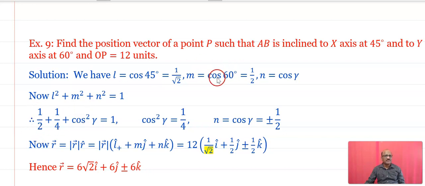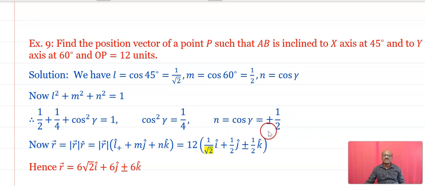The value of M is 1 upon 2, its square is 1 by 4. We don't know N, N square is cos square gamma, that equals 1 minus 3 by 4, because 1 by 2 plus 1 by 4 becomes 3 by 4. Therefore cos square gamma is equal to 1 by 4.